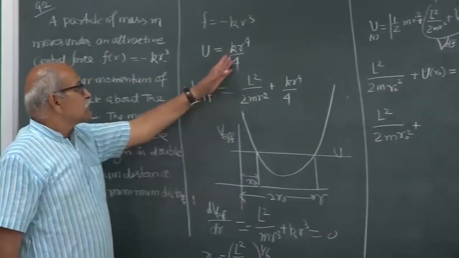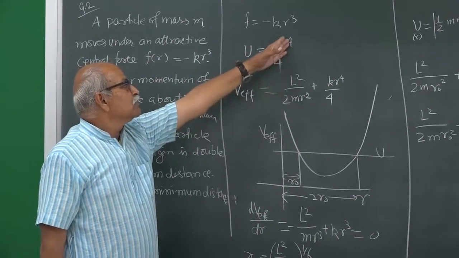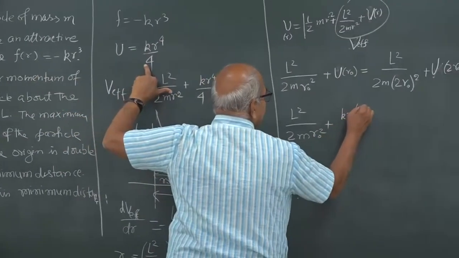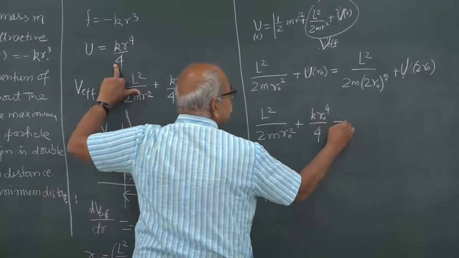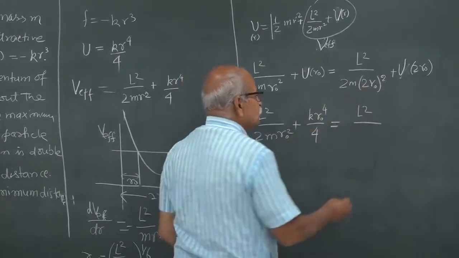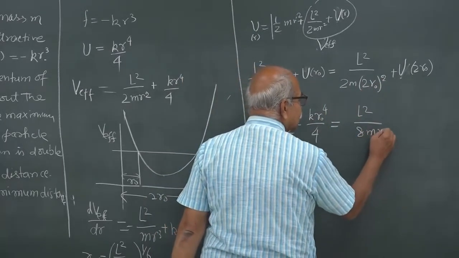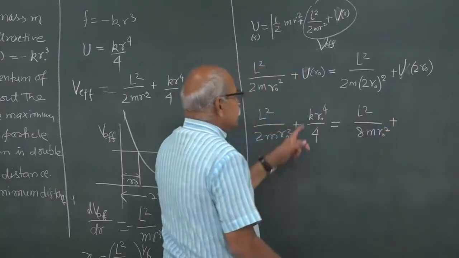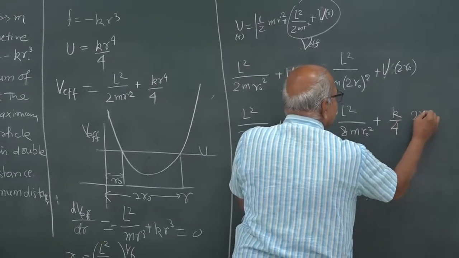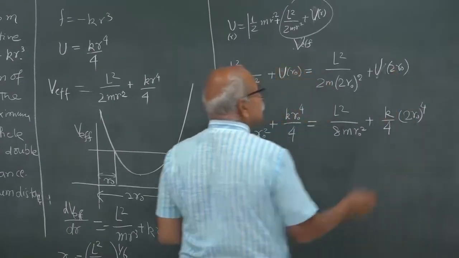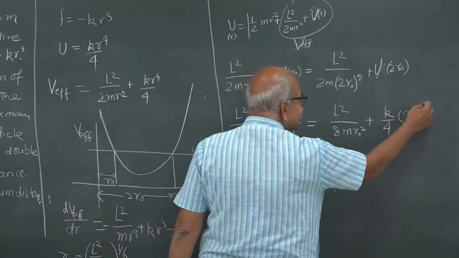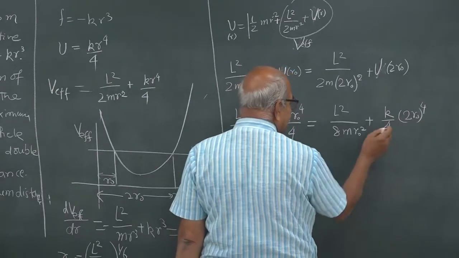What is u at r naught? k into r naught to the power 4 divided by 4. So, k r naught to the power 4 divided by 4 is equal to L square divided by 2 into 2 is 4, 4 into 2 is 8, so 8 m r naught square, plus this is k by 4 and then 2 r naught power 4, the potential energy at 2 r naught. So, 16 by 4 is 4 here.